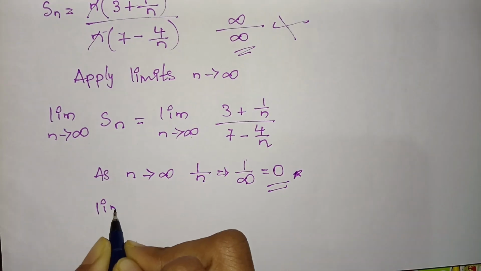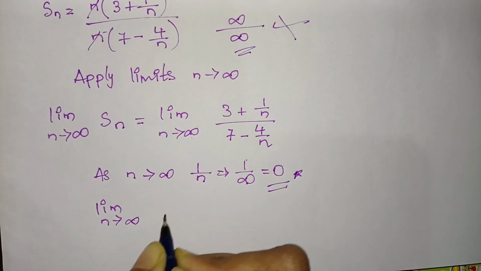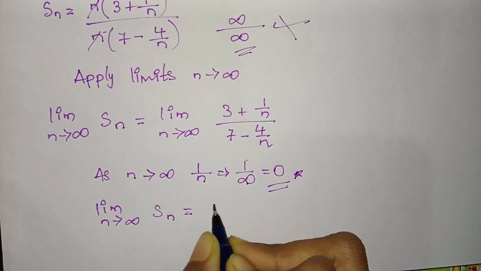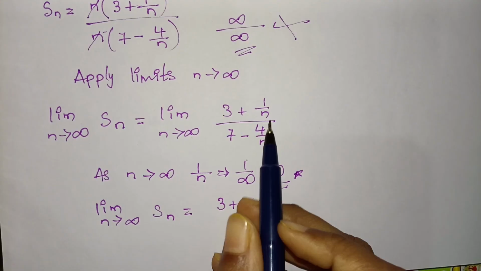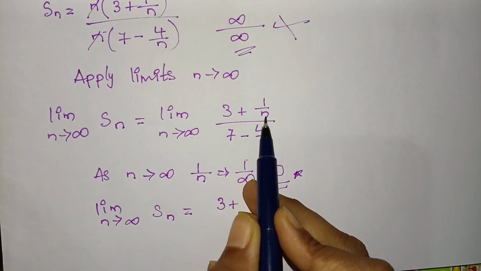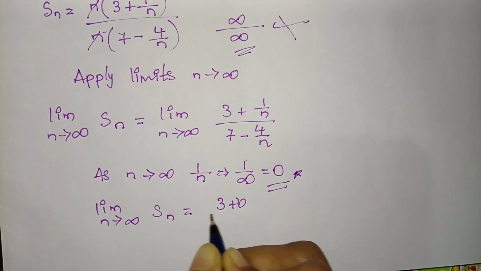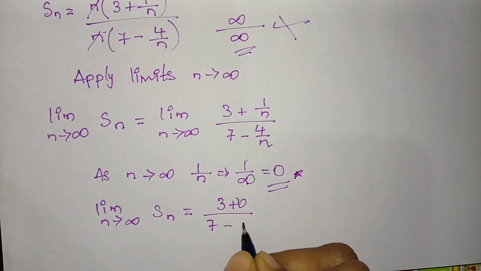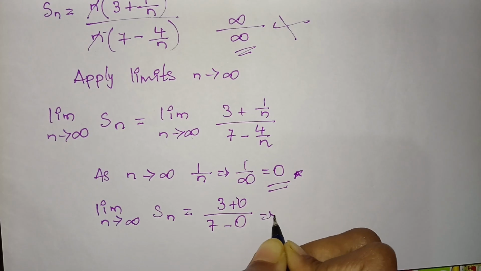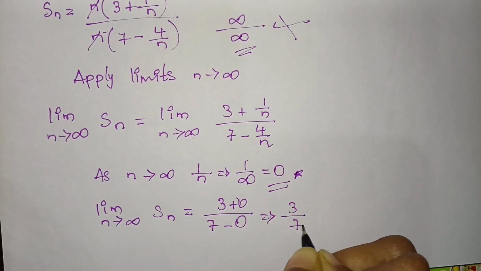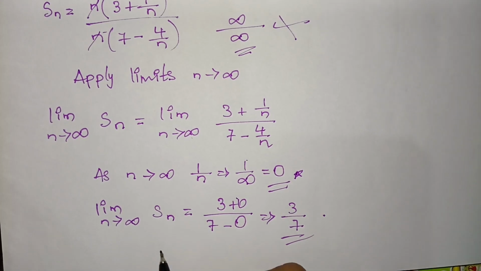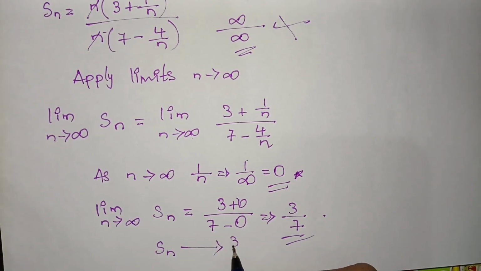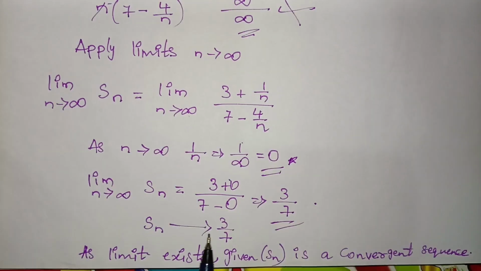So limit n tends to infinity Sn equal to (3 plus 1 by infinity, which is 0) divided by (7 minus 4 by infinity, which is 0). So 3 by 7. So the answer is 3 by 7. So now we write Sn converges to 3 by 7.